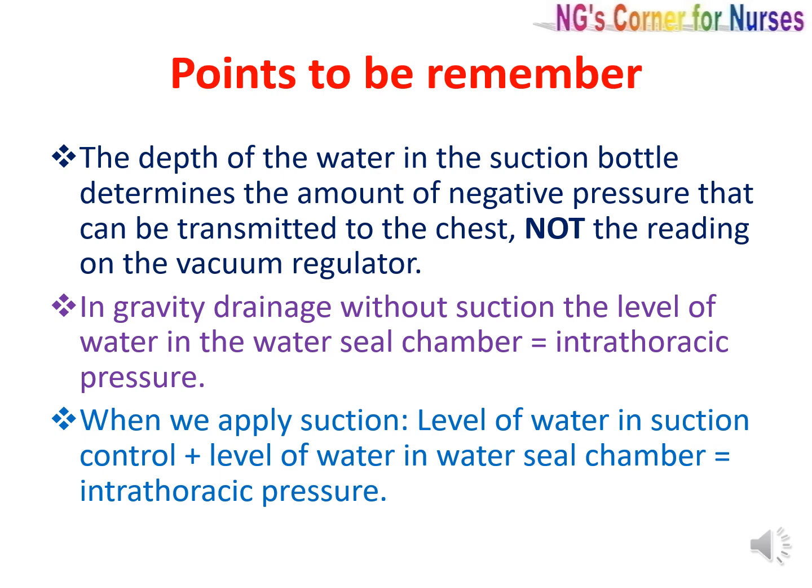Second one, in gravity drainage without suction, the level of water in the water seal chamber equals intrathoracic pressure. And the third one is when we apply suction, level of water in suction control chamber plus level of water in water seal chamber equals intrathoracic pressure.